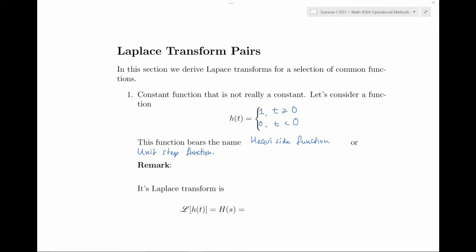With the introduction of this function, we can say that all of those functions in the framework of Laplace transforms are considered to be pre-multiplied by this function h of t.